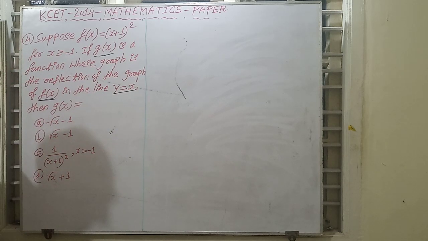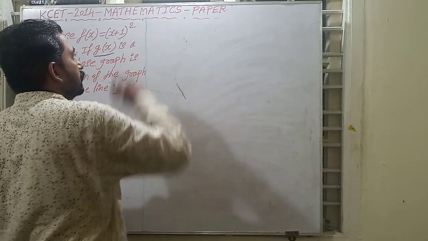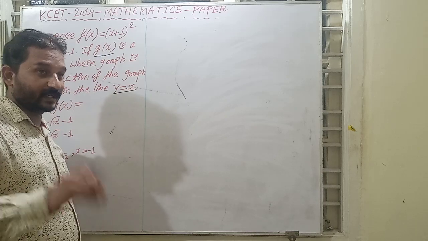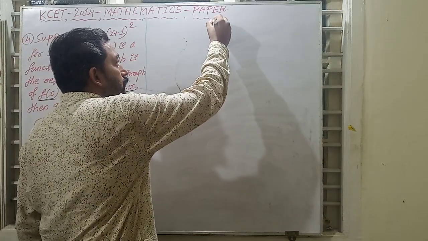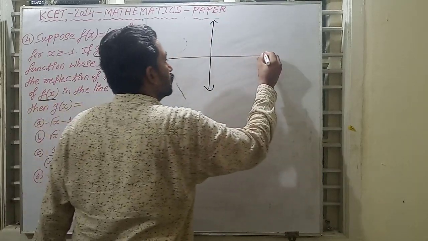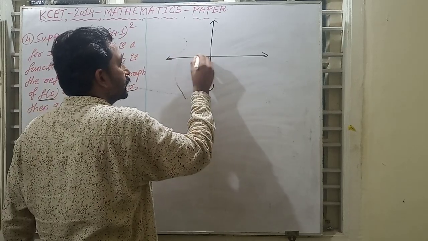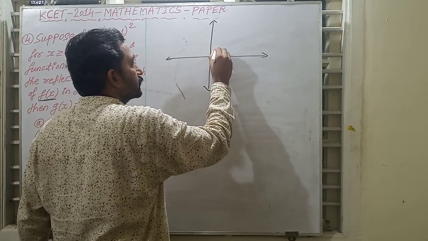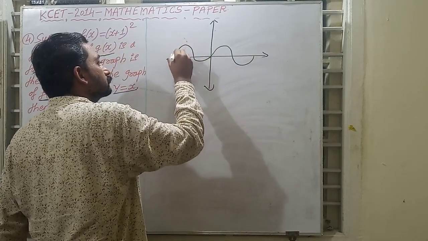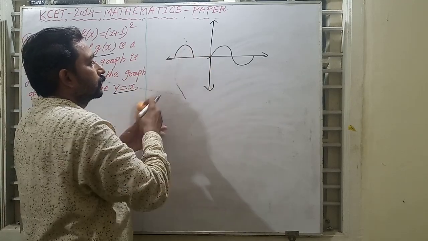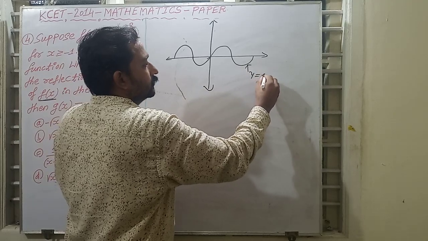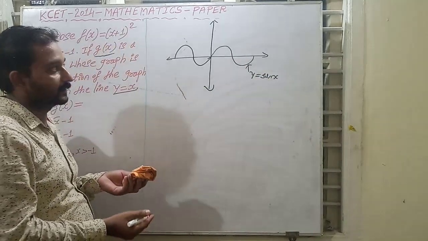So this is a moderate, very tricky problem. We know the function sin x and the inverse trigonometric function, the inverse of sin x. So first we take one graph, the sin x curve. Sin x passes through the origin. This is y is equal to sin x. Now write down the inverse function of sin x in the graph.